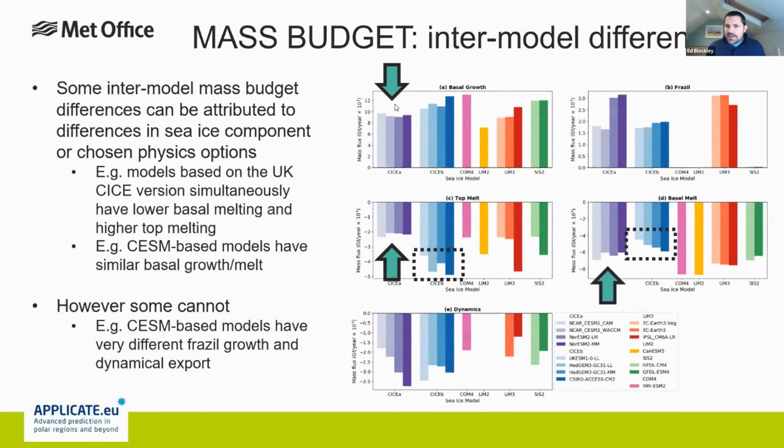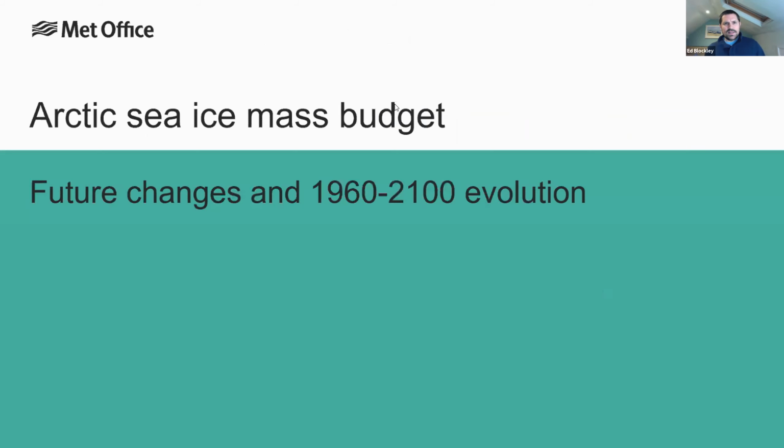And these models here that are based on CSM have very, very similar basal melting and basal growth and top melting, but for some reason very different frazzle formation and dynamical losses. So we go into a bit more detail about these in the paper, but I don't have time to go through those at the moment.